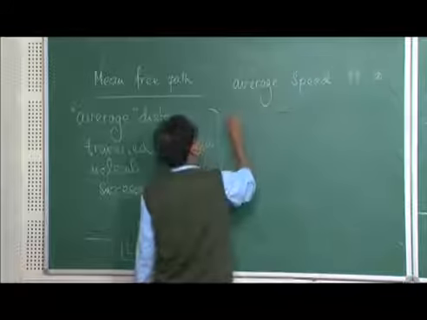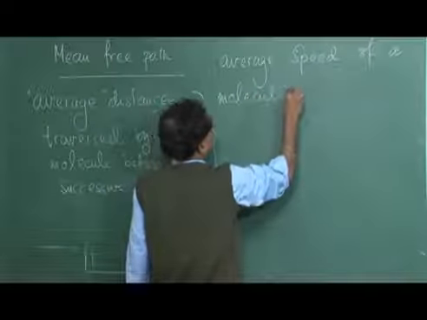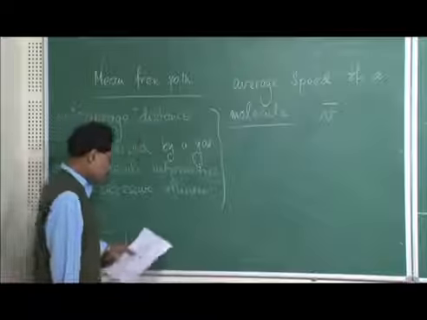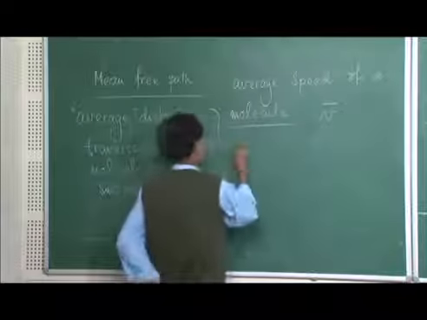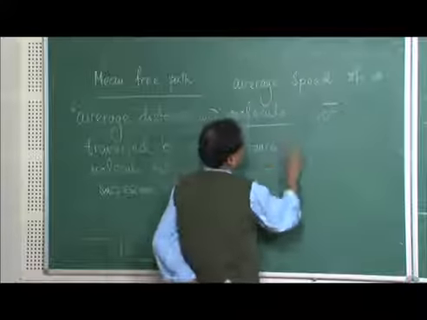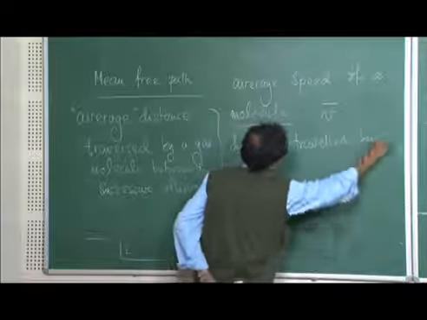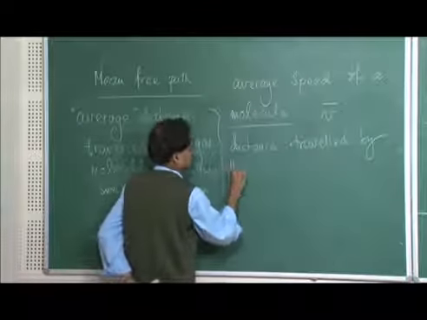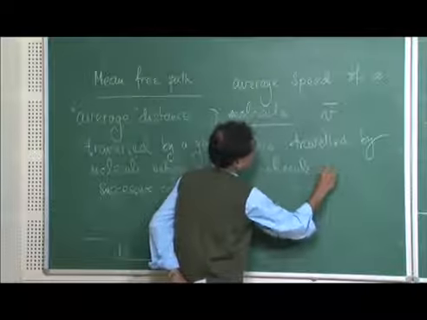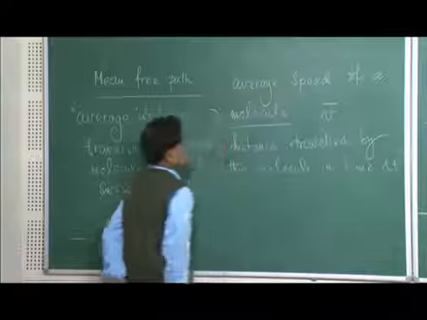of a molecule, let me call it V bar. Now, what is the distance travelled by this molecule in time delta t?